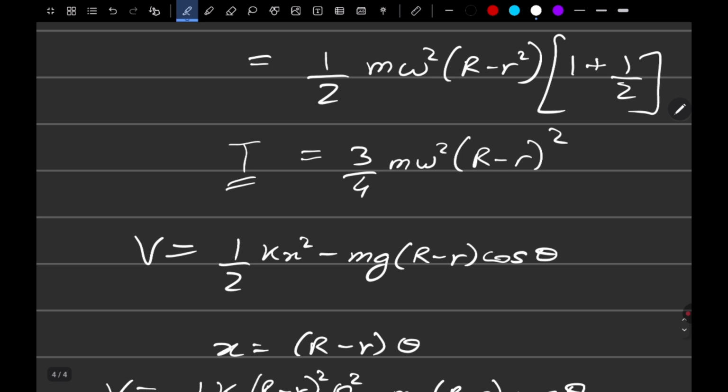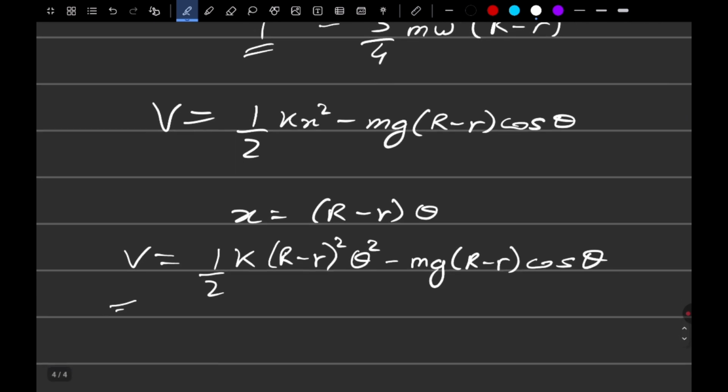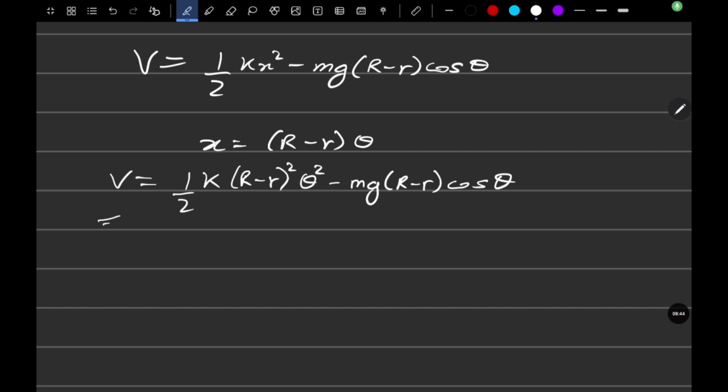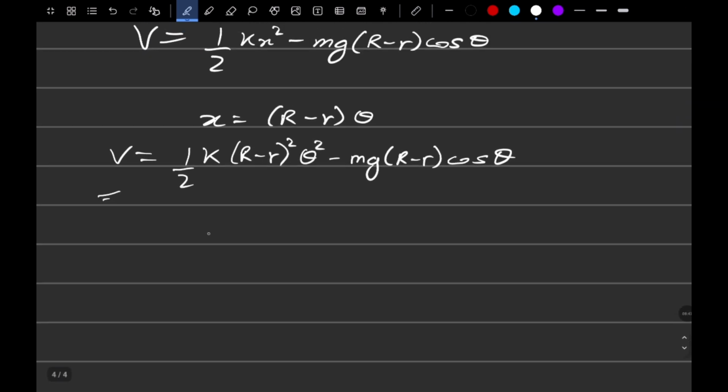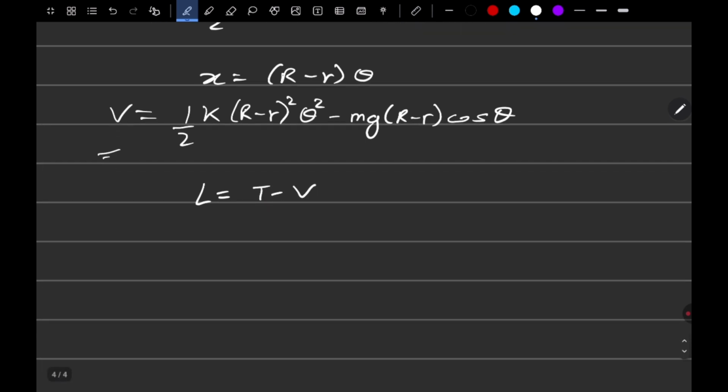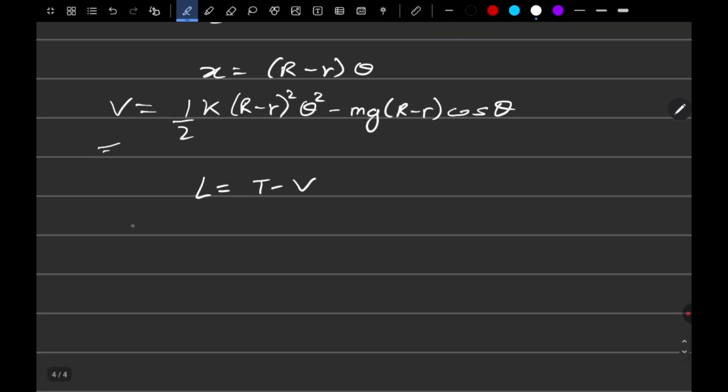Now we have the potential energy and the kinetic energy. We have both the quantities. Now it's fairly simple to calculate the equations of motion. We just have to put them together. Okay, now we'll write the Lagrangian for this system. As we know, the Lagrangian is nothing but kinetic energy minus potential energy. So let's write it down.